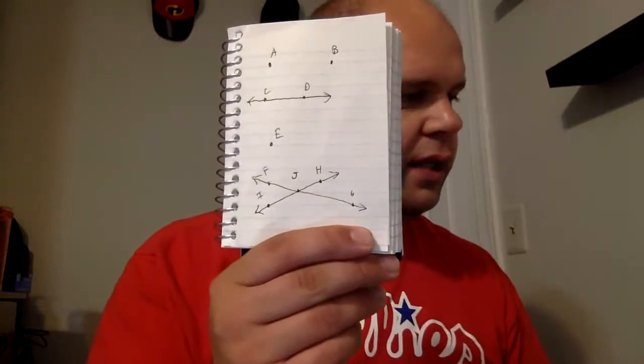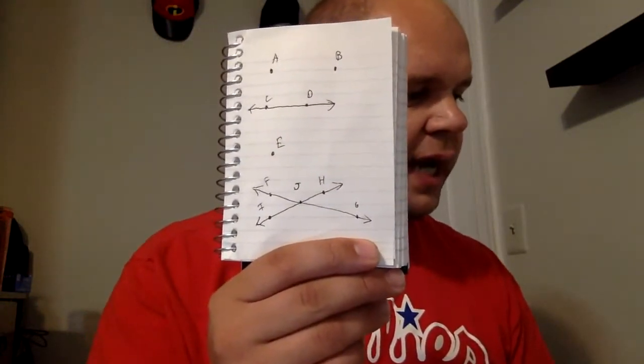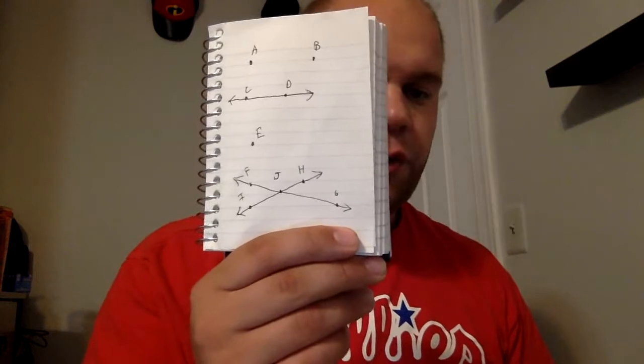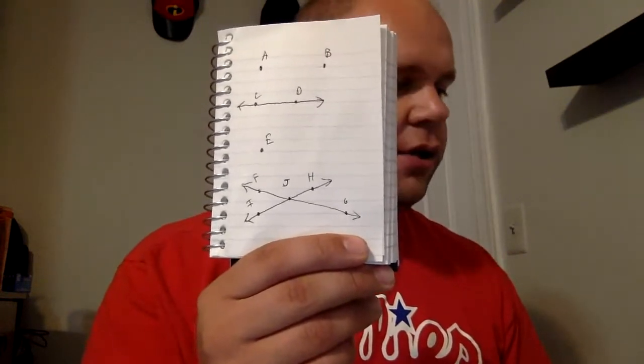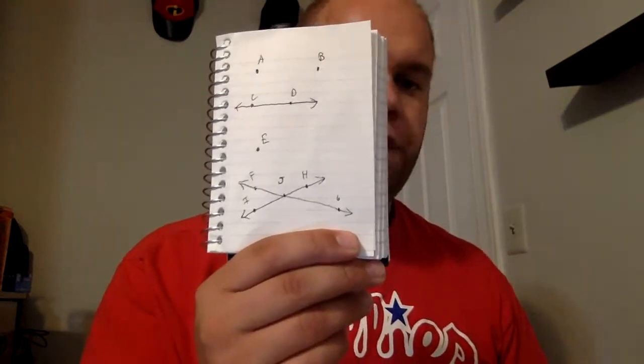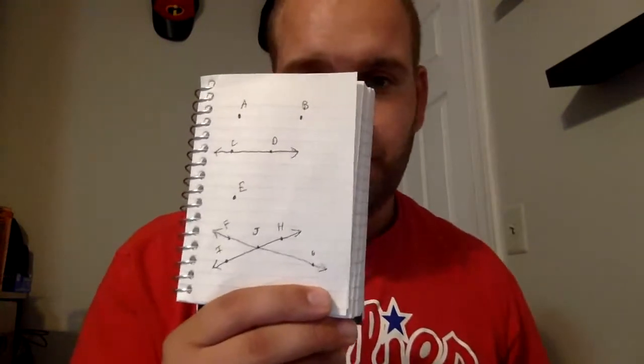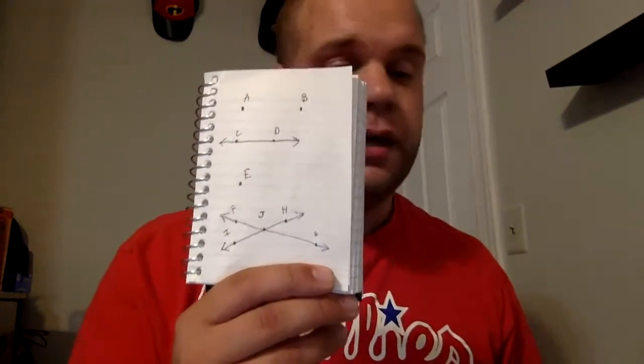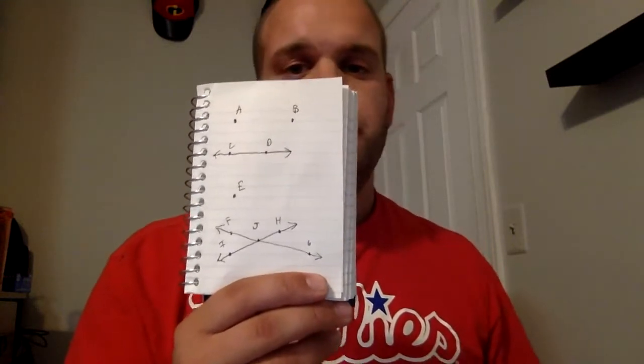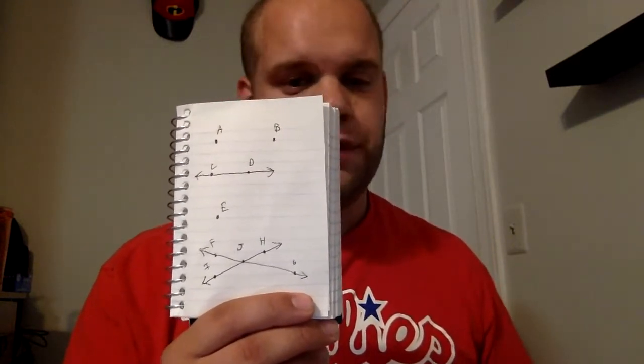If you look at the bottom of this, you should see line FG and line IH. They cross. That crossing is called an intersection. If you've ever ridden in a car before, you've probably driven through an intersection or two. I went through a few today. Intersections are just crossings of lines.